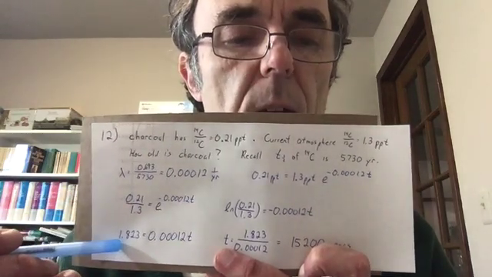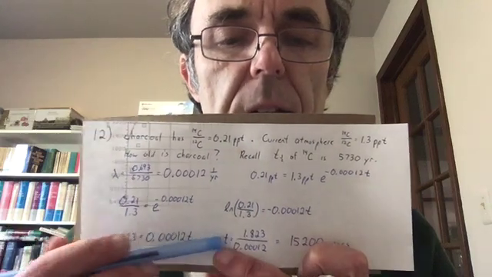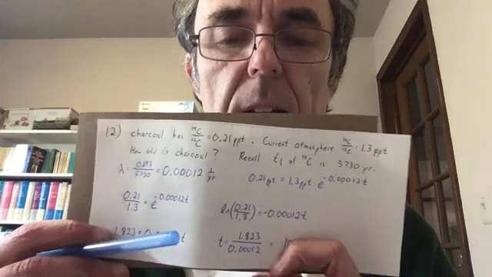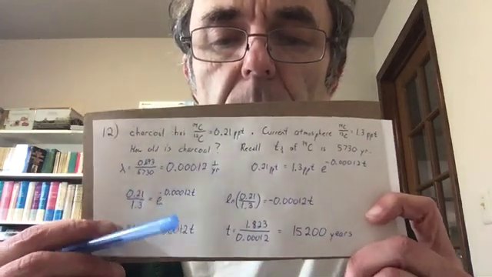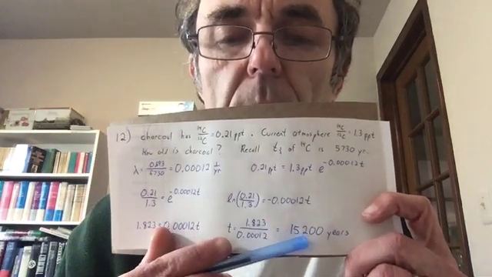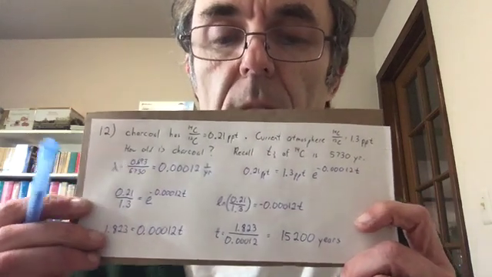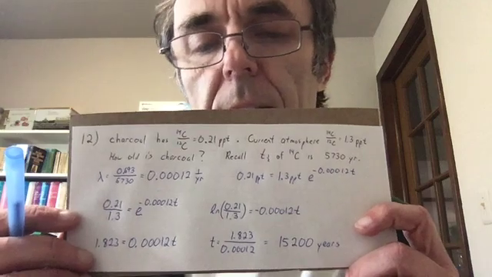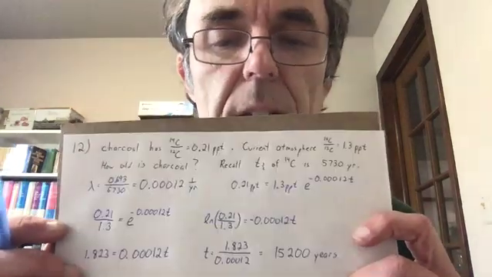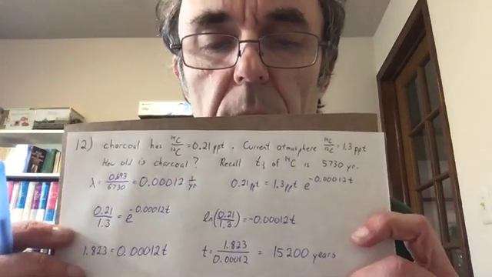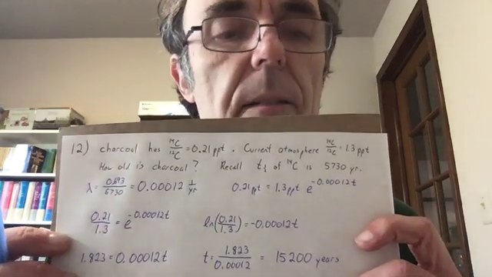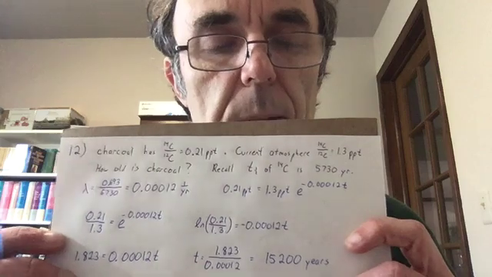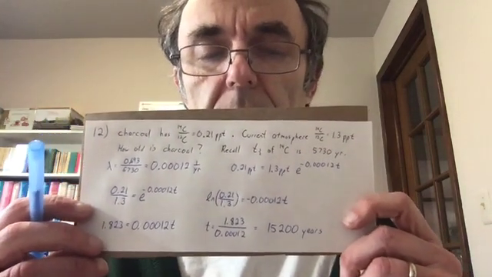This comes out to be 1.823, and then you divide through by this decay constant, and you get a time that is 15,200 years. So it's basically 15 millennia. You can tell how old that charcoal is. Classic carbon-14 dating problem. You can be highly likely you'd see something like that on the exam.